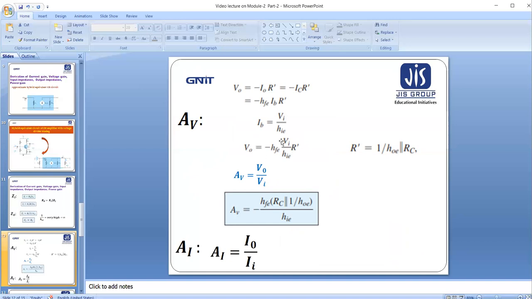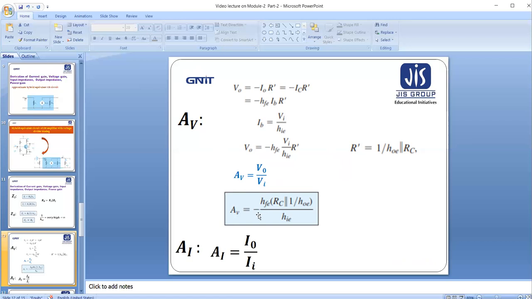So V naught by VI will be equal to minus HFE into R prime by HIE. Now introducing the value of R prime, which is the parallel combination of 1 by HOE and RC, this is the expression of the voltage gain.